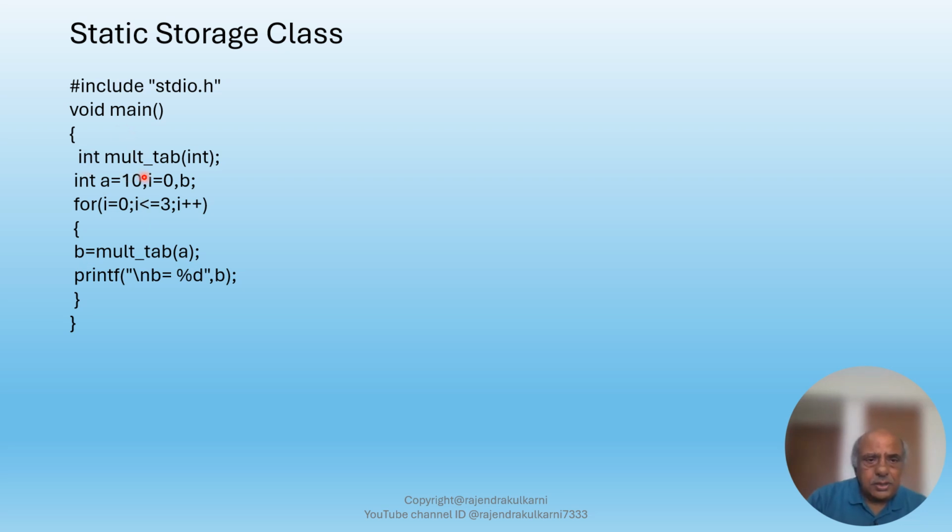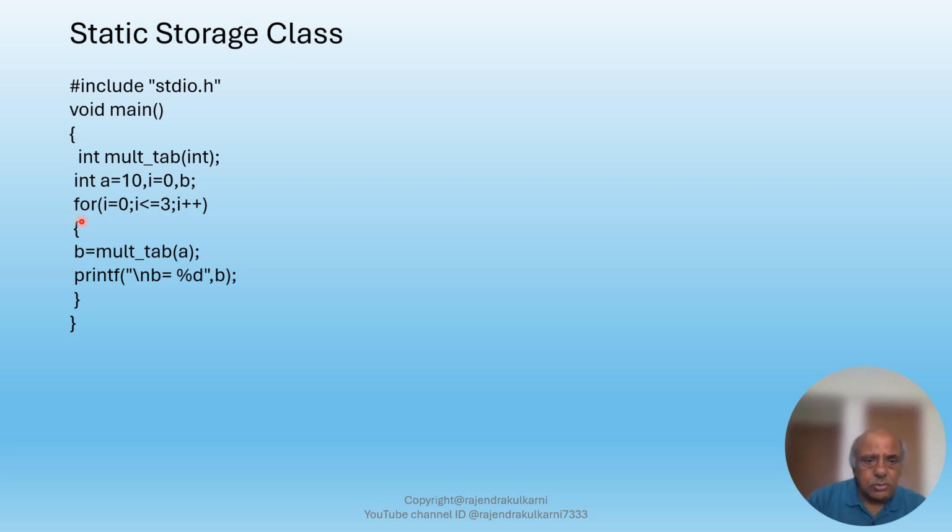int mult_tab(int) is the function prototype declaration. Then there is a variable int a is equal to 10, i is equal to 0, and a third variable b. Then there is a for loop.